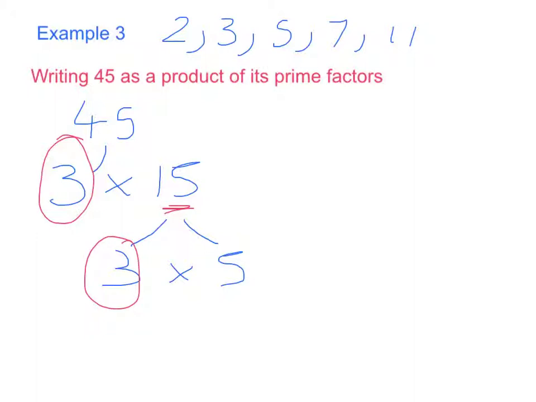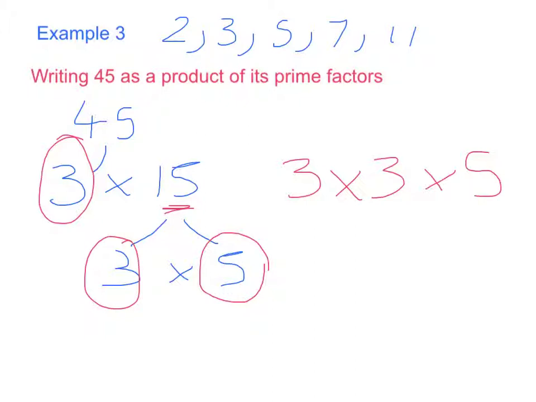Is 5 prime? Yep. So my answer would be 3 times 3 times 5. Again, because I'm multiplying 3 by itself, I can rewrite that as 3 squared times 5.